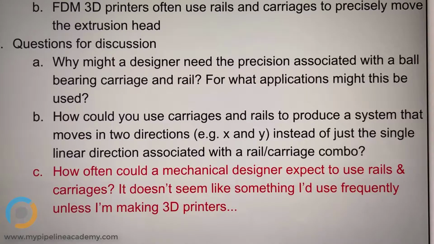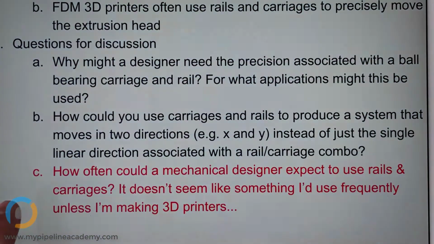We use them a lot in fixtures, and we've never designed a 3D printer, but we've designed a lot of fixtures, and we use rails and carriages kind of not all the time, but regularly, and they're really useful for any time you need reliable linear motion.